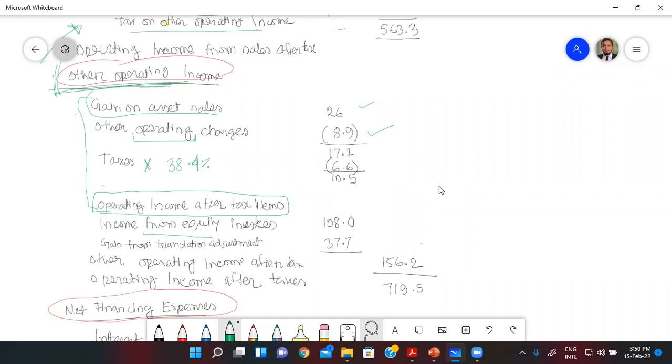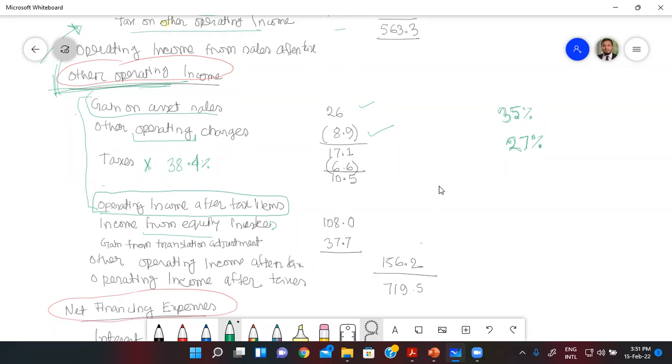You might ask, why not the effective tax rate? Let me give you the idea. The statutory tax rate for Facebook is like 35%. But Facebook has mentioned that they are trying to reduce their tax effectively to 27%. How is it possible that they have reduced the tax to 27%?